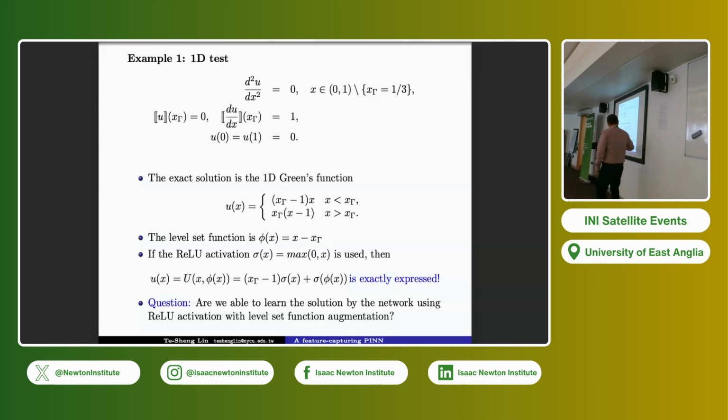So you can use the ReLU activation function to exactly express this 1D Green's function. The problem is, if you don't know that and you just train your network with the ReLU activation function, in fact you cannot find a solution. It's a problem.